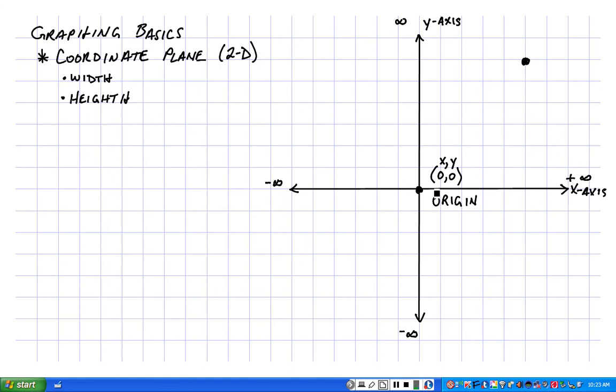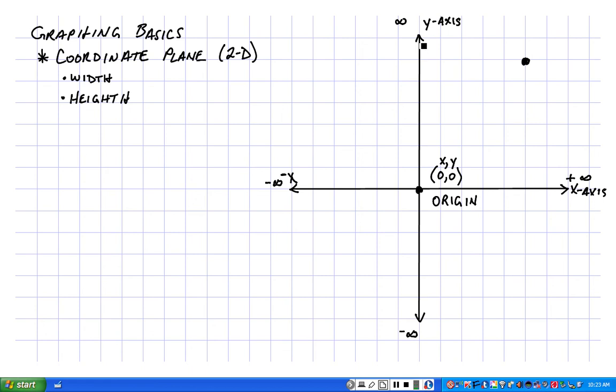So x is positive to the right of 0. Anything to the left of that means now we're talking about a negative x. Okay? So all of our x values to the left of the origin are considered negative.